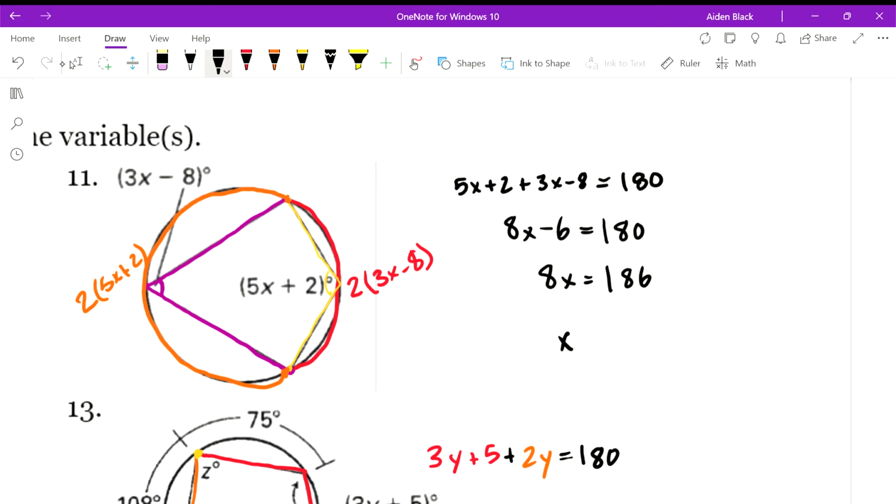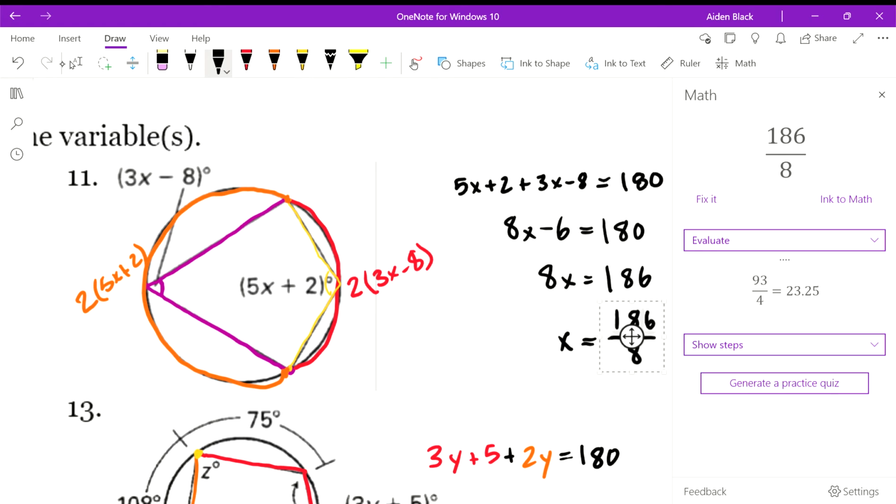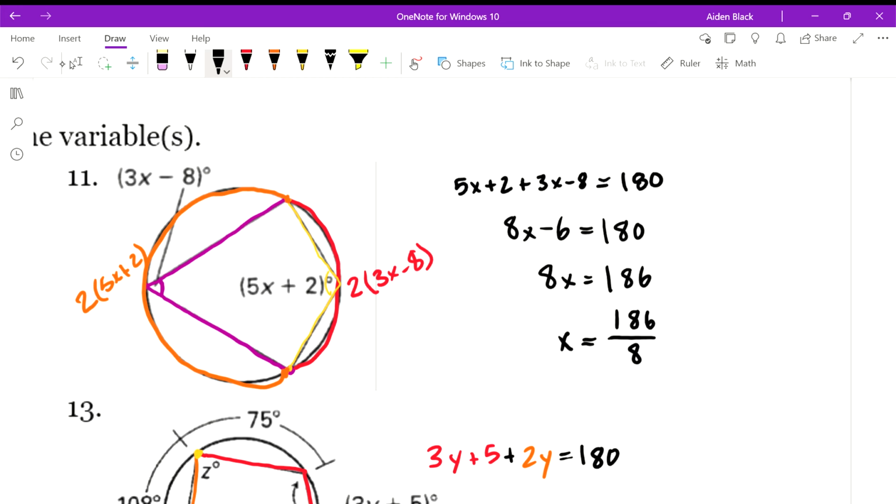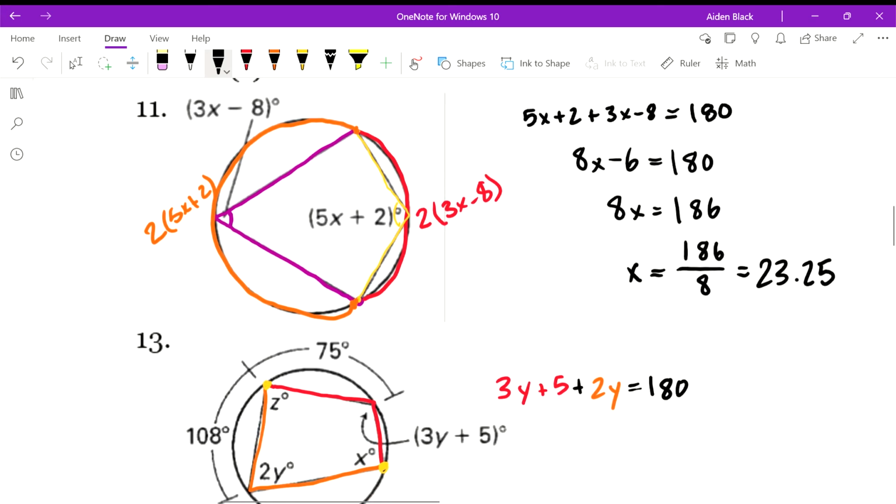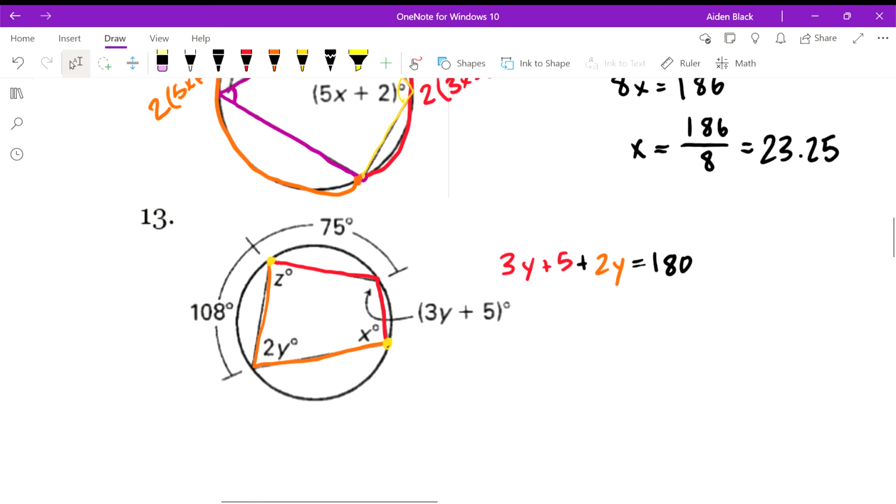And then x equals 186 divided by 8, which according to this calculator is 23.25. Okay, so we found the value of x here. This one we'll finish up.